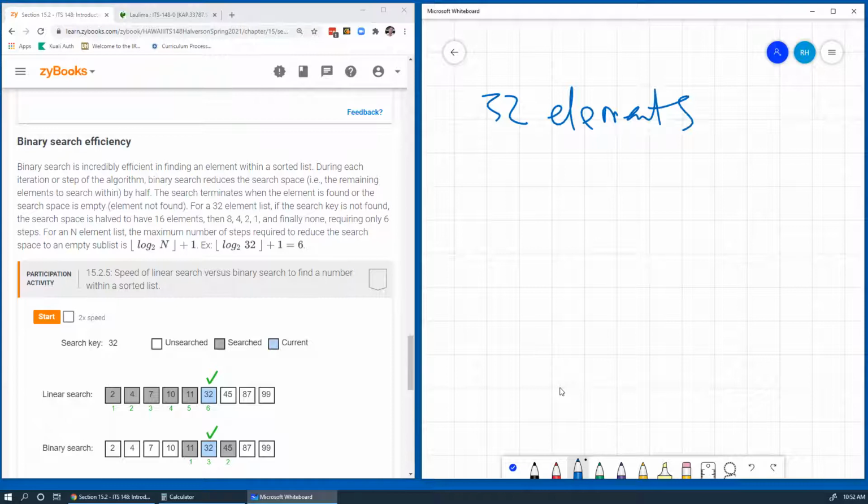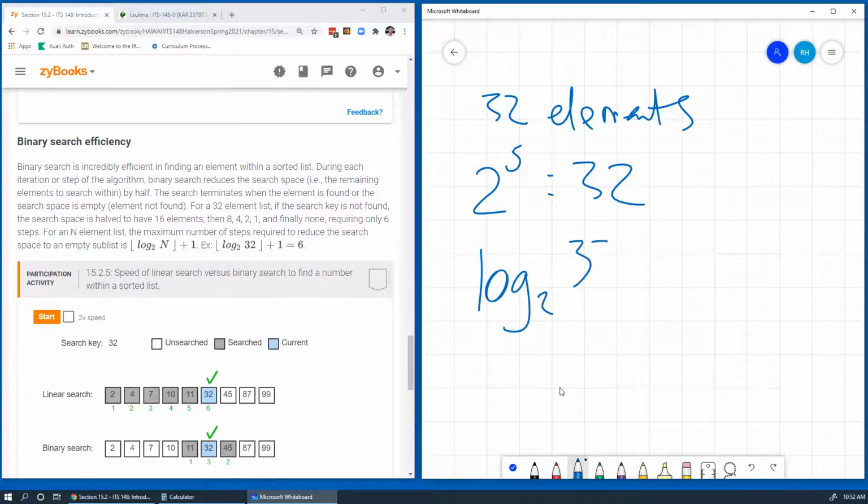Turns out that 2 to the 5th power is 32. Log to the base 2 of 32 equals 5. Okay, so that's the relationship.